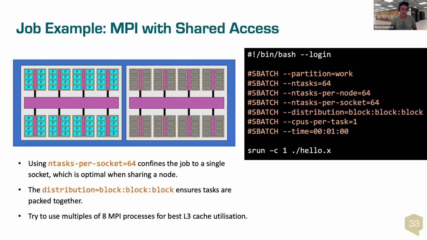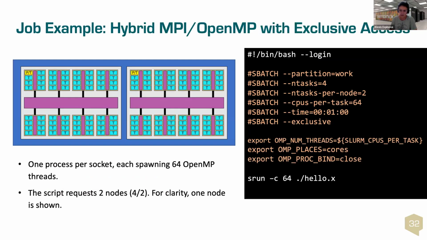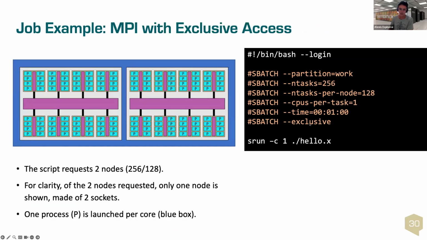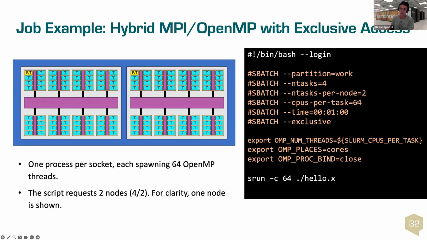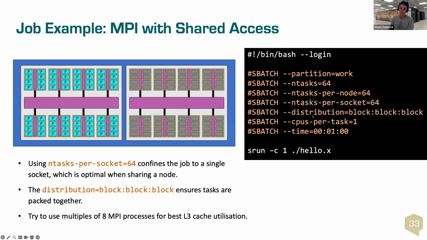Okay, this is an example of not using full nodes. Yeah, this one was using exclusive. Even if the exclusive was not there, with the settings told here, 128 or 64 but 2 tasks per node, we are filling the node. But in this one, we are not filling the node.